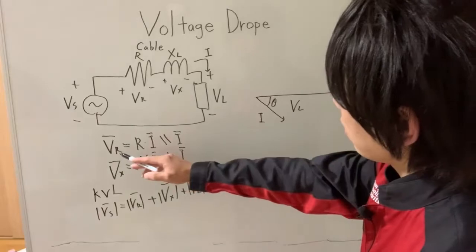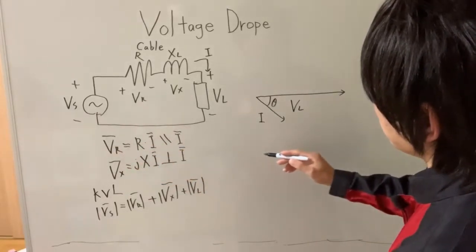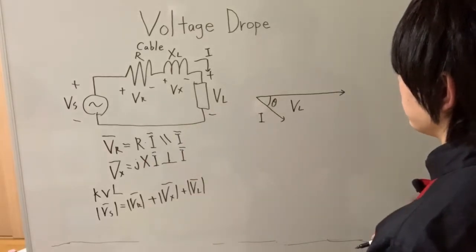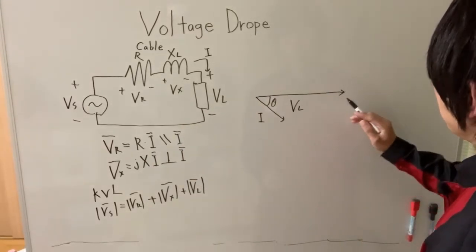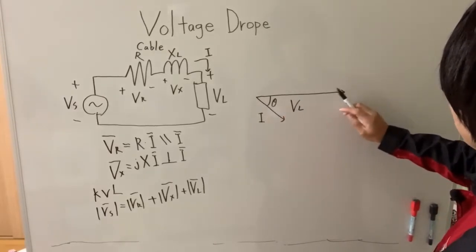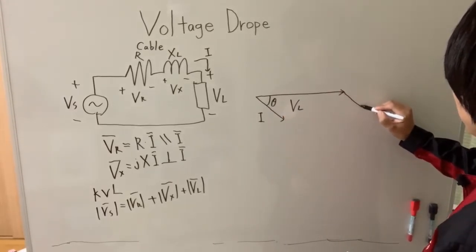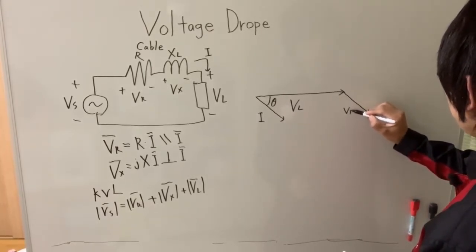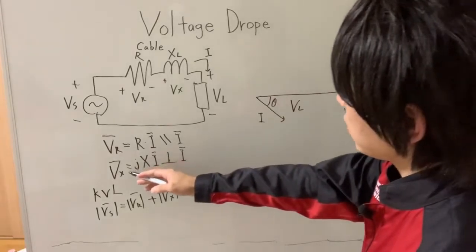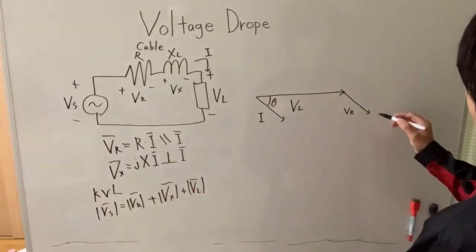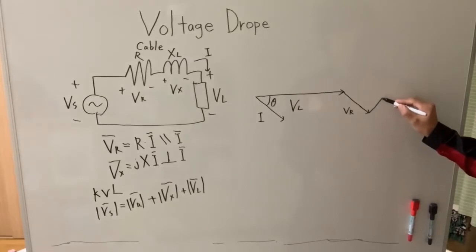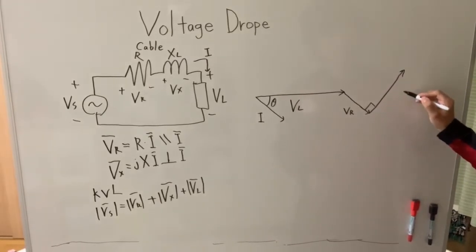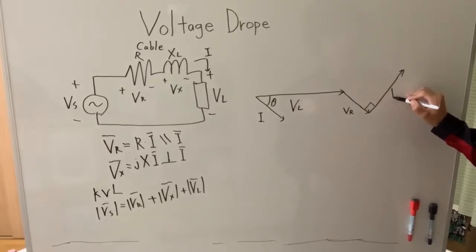And how about VR? VR is going to be in phase with the current, so VR is drawn parallel to the phasor I, like so. How about VX? VX is perpendicular, so it's drawn like this, at 90 degrees.